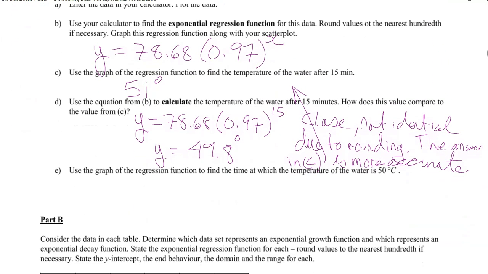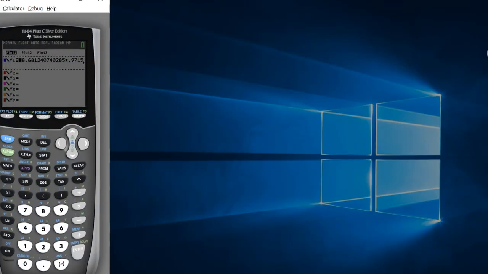Use the graph of the regression, find the time at which the water is 50 degrees Celsius. Okay, so the other type of thing we do with the regression: one is, you give me an x value, I'll give you the y value. So we just did that, right? Second calc, put in 15 minutes, it gave the y value, which is temperature. If we give it the temperature, that has to go in the y.